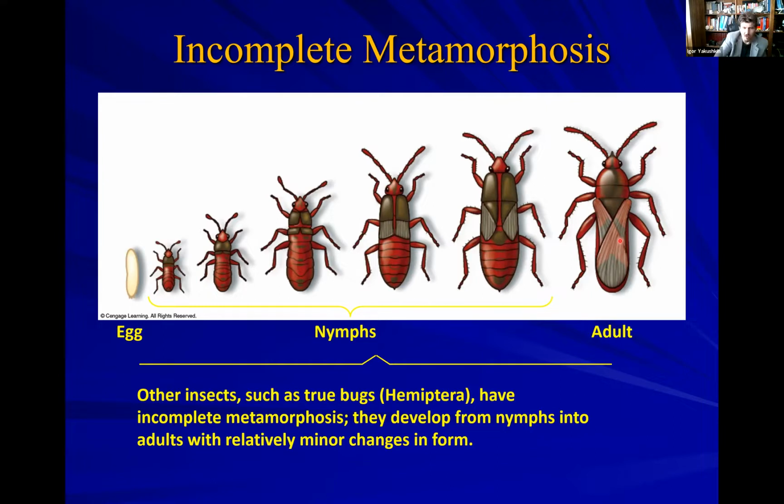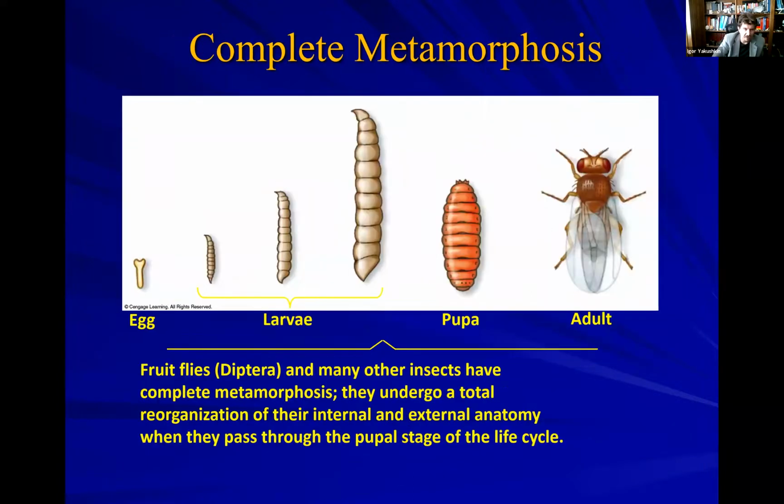All of the grasshoppers go through incomplete metamorphosis. In complete metamorphosis, the larva after hatching will be a wormy-looking creature. So here we go. The egg hatches into a worm-looking creature known as a maggot or caterpillar. Think about the caterpillar.